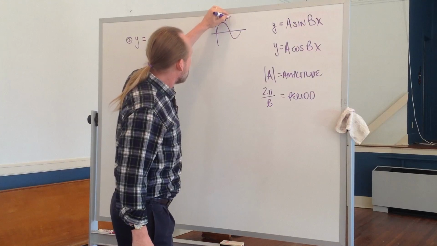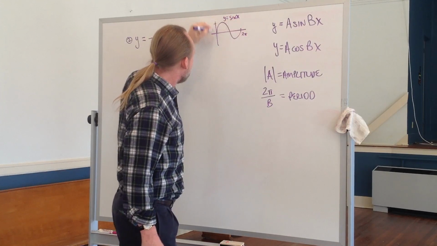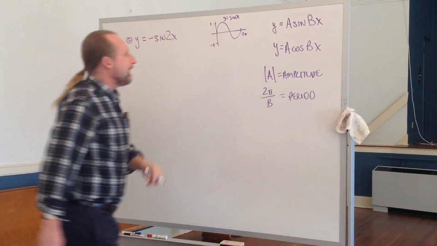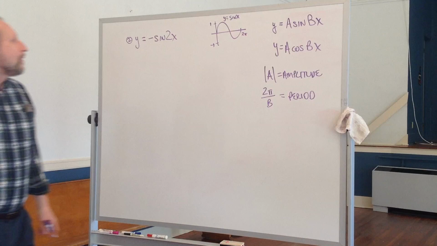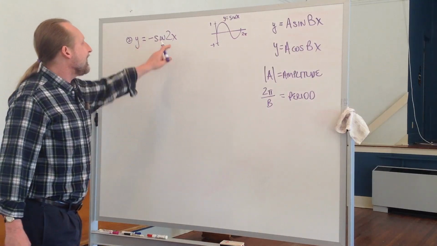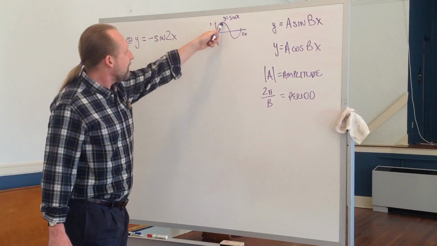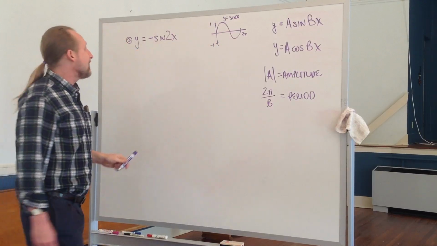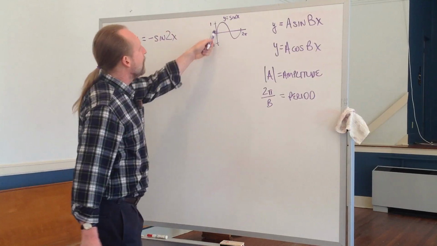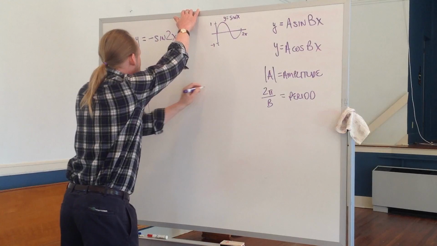This is y equals sine x with a period of 2 pi and an amplitude of 1. All right. So, what we want to do, if this is a negative sign, right, when we find the sine of this value, it would give us a value of positive 1. This will turn that into negative 1.